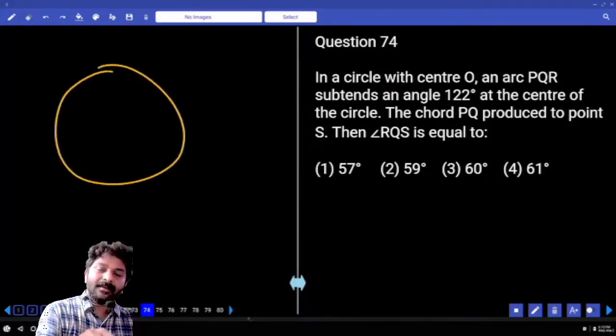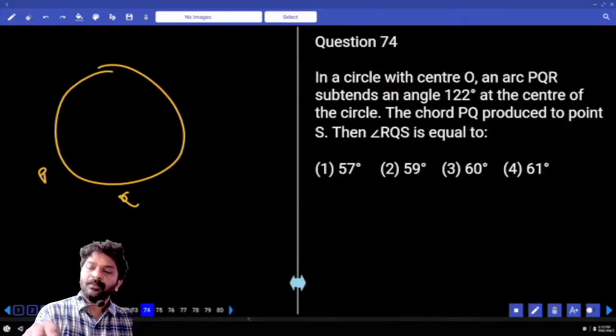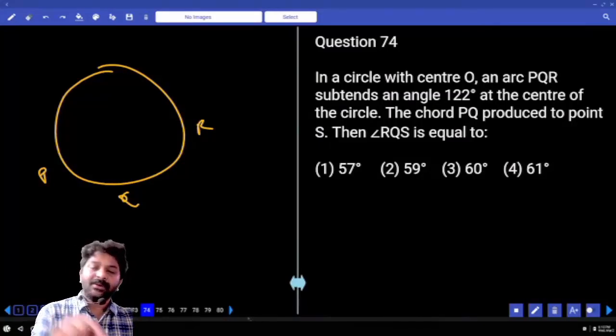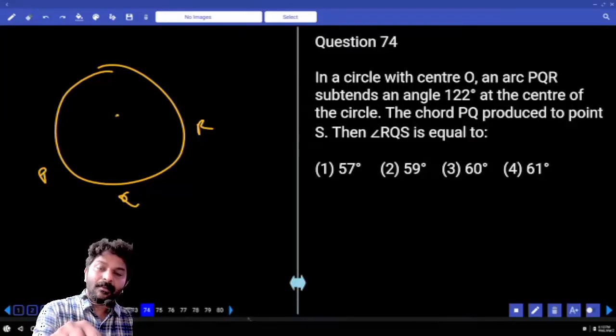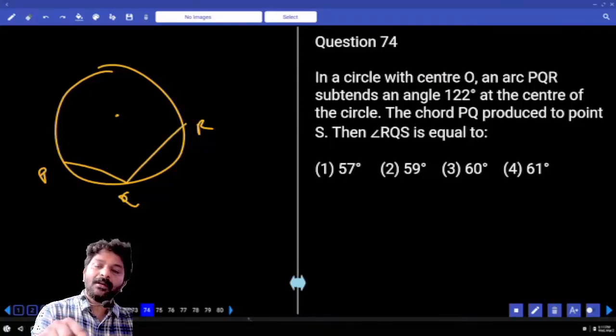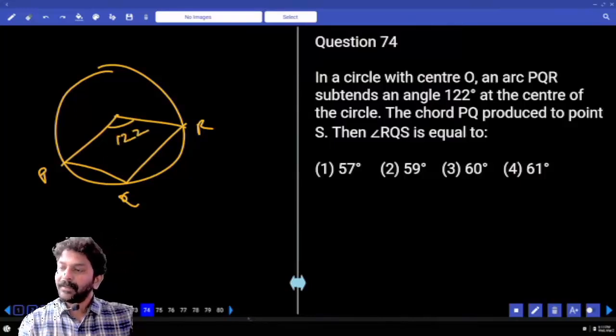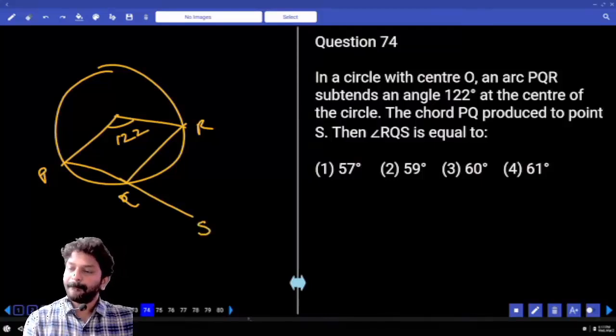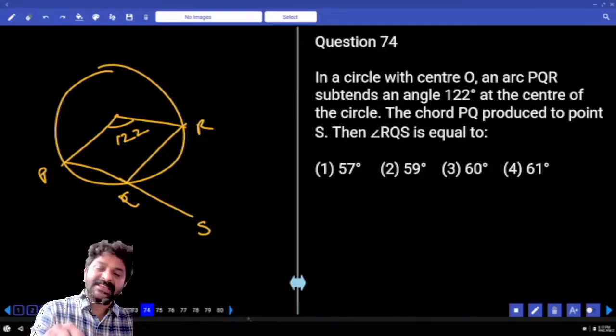Arc PQR subtends an angle 122 degrees at the center, and this angle is 122, correct? The chord PQ produced to a point S. Here it is. Then RQS is equal to this one.